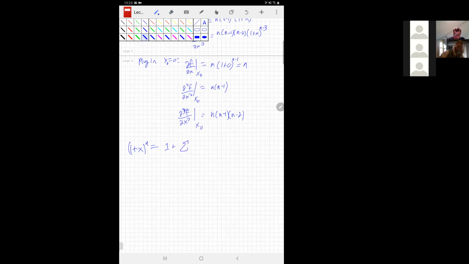One plus the sum from j equals 1 to infinity of n times n minus 1 times ... n minus j plus 1 over j factorial, because remember, each of those derivatives needs the factorial of the order of the derivative in the denominator, times x to the j.